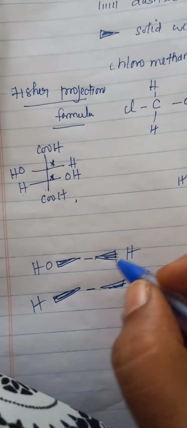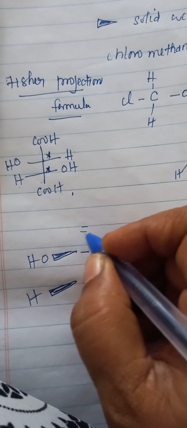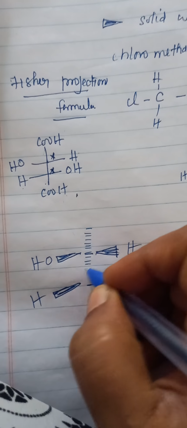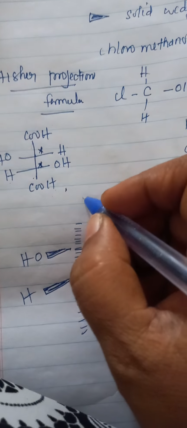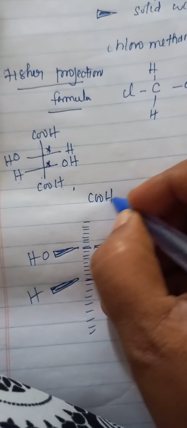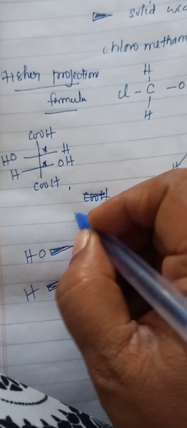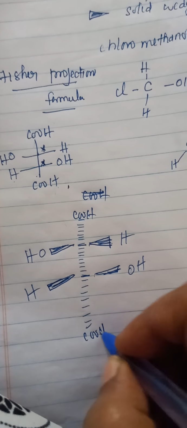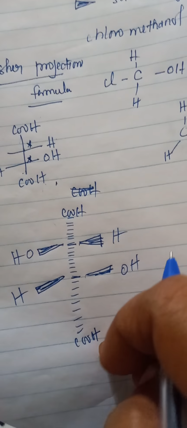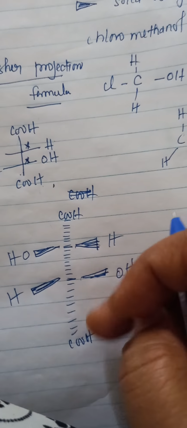Vertical substituents are shown by COOH. This is the bond away from the observer.